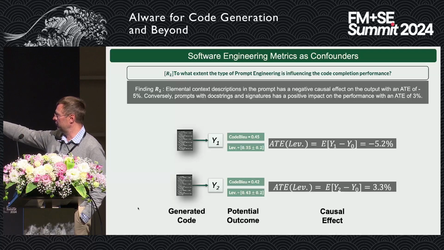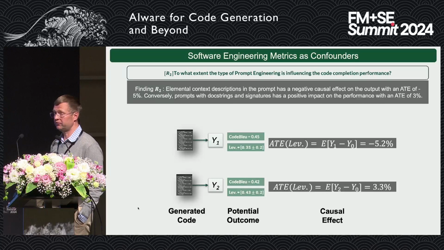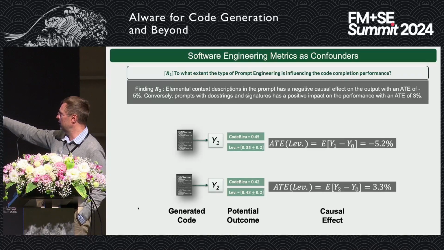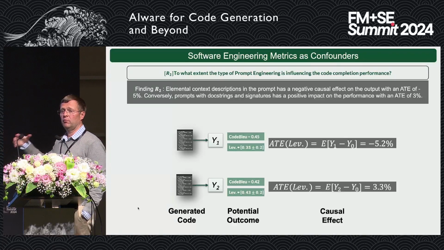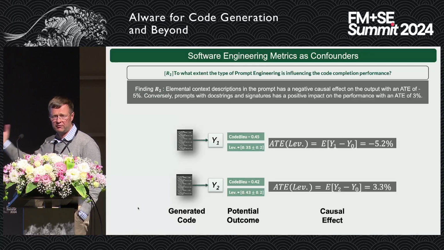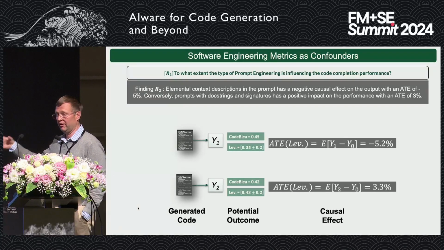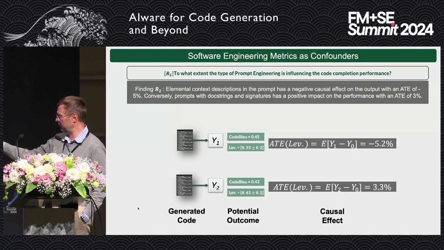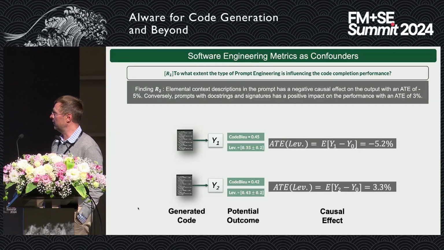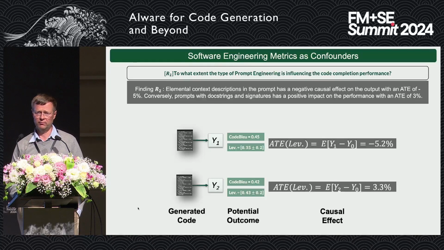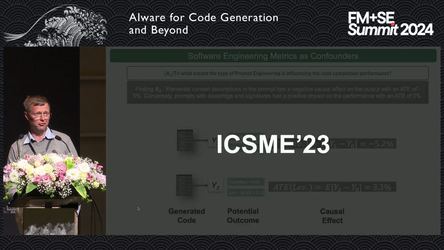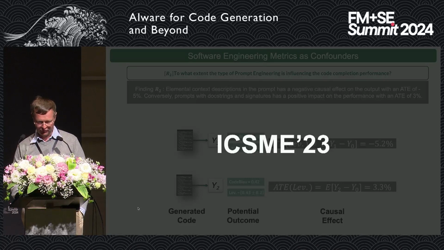If you use Levenshtein distance, you see a little bit of difference, but when you actually compute the average treatment effect for Levenshtein distance between treatment 1 and your control, and treatment 2 and your control, you can clearly see that the prompt with much more context, references to the signatures, docstrings, has a pretty significant positive average treatment effect. So it means that there is a causal effect between better prompts and generated code, okay? In the presence of all the confounders that we controlled in this experiment.